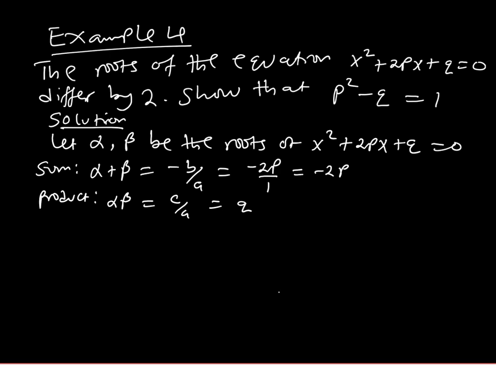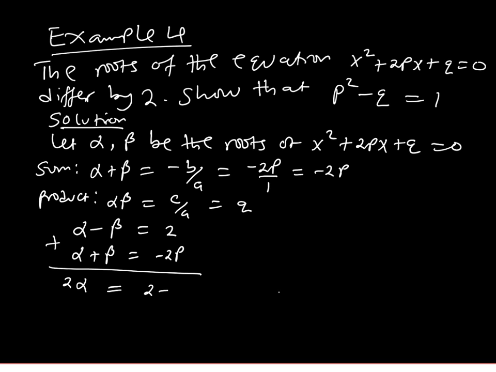Okay, so we have also been given some more information. It says that alpha minus beta, they differ by 2. Now if I get alpha plus beta, which is equal to minus 2p, and we add these two, we get 2 alpha is equal to 2 minus 2p, and alpha is simply 1 minus p.